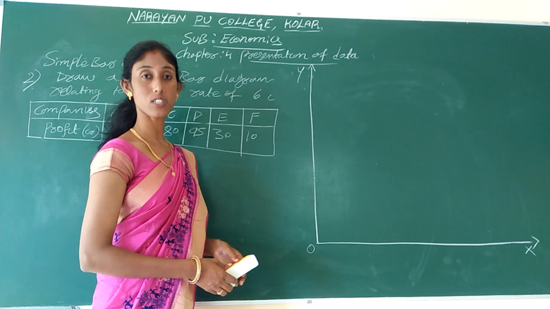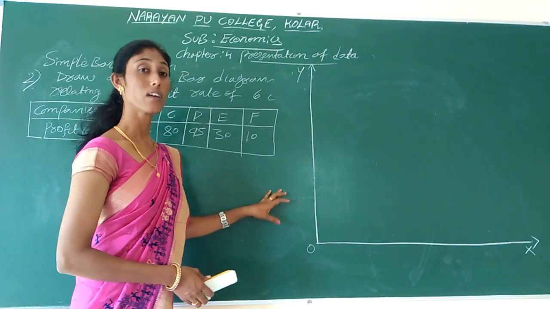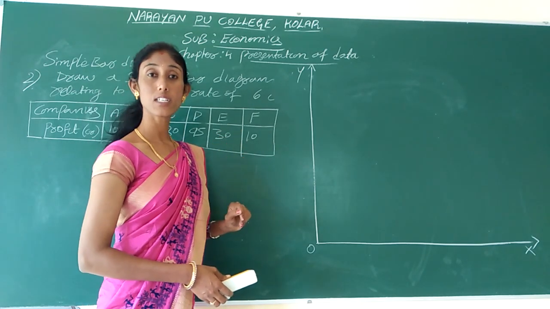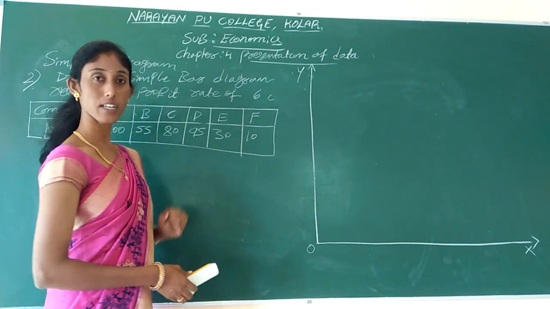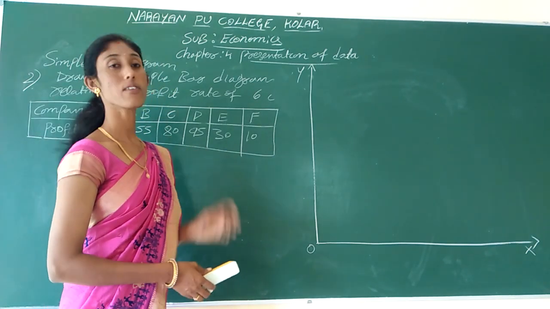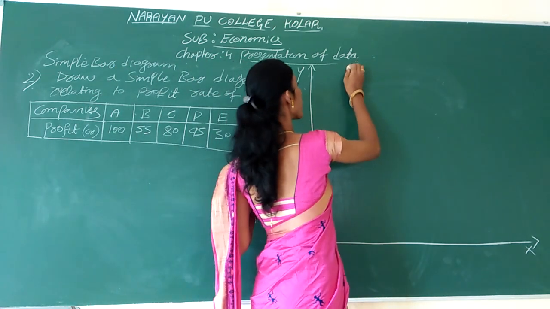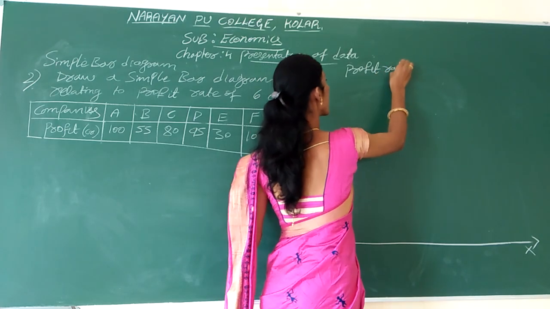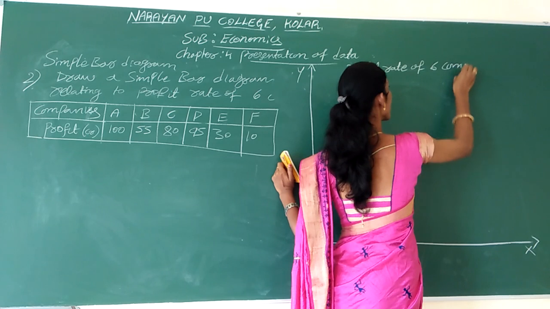Before drawing a chart, we need to give a title to the chart. What title can we give? The title should represent what we are presenting in the chart. In the chart, we are presenting the profit rate of the companies, right? Then we will give a title relating to the same: Profit rate of 6 companies.